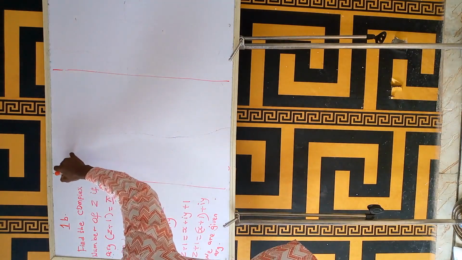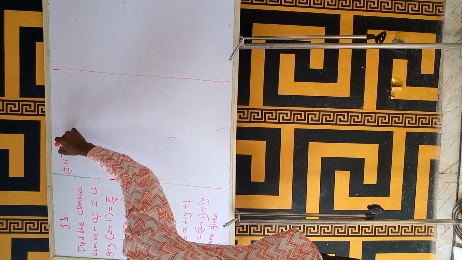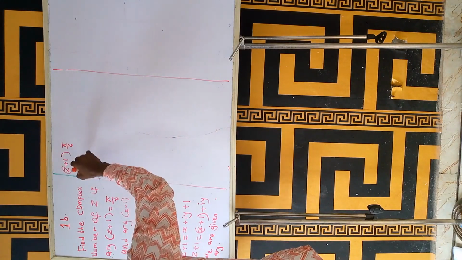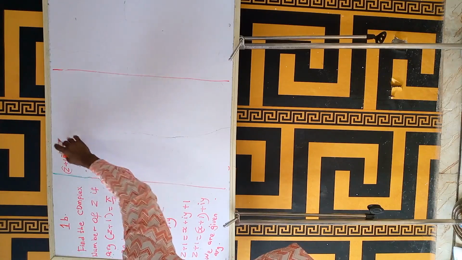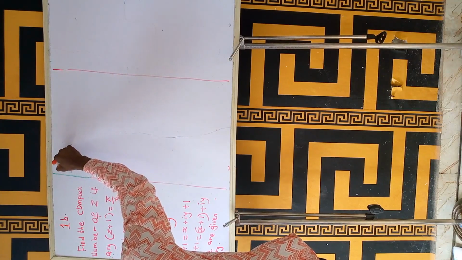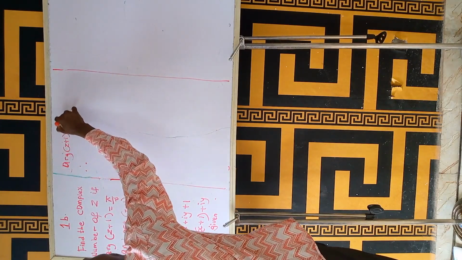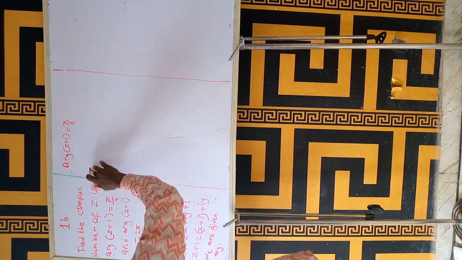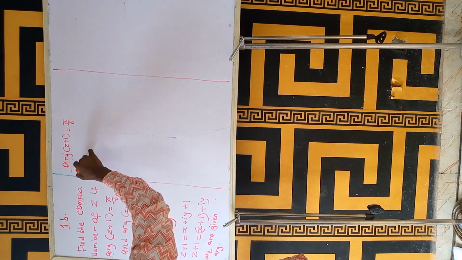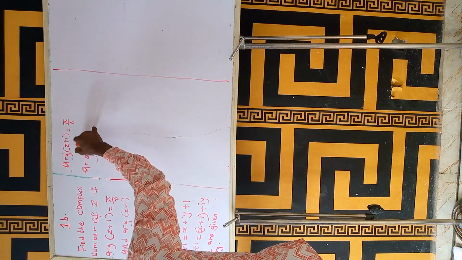Let me write it very well. The argument of Z plus 1 equals pi over 6, which is the same thing as the argument of (x plus 1 plus iy).